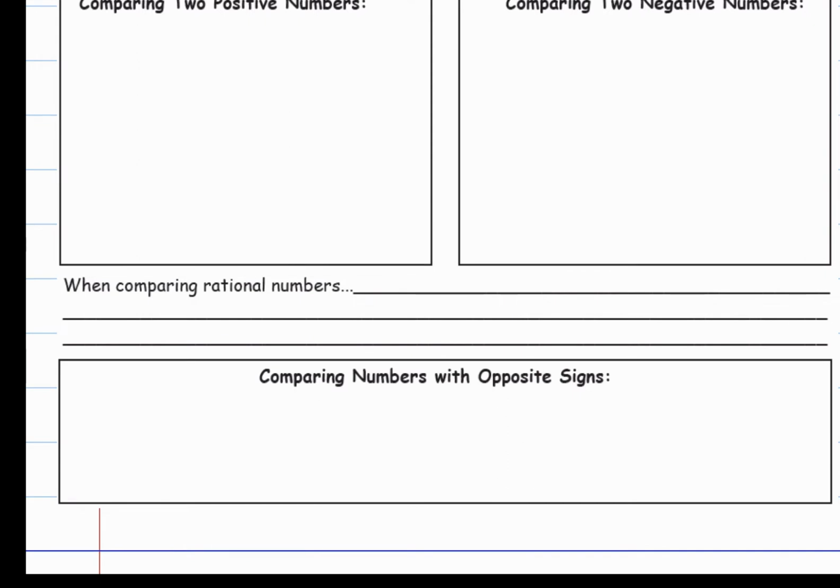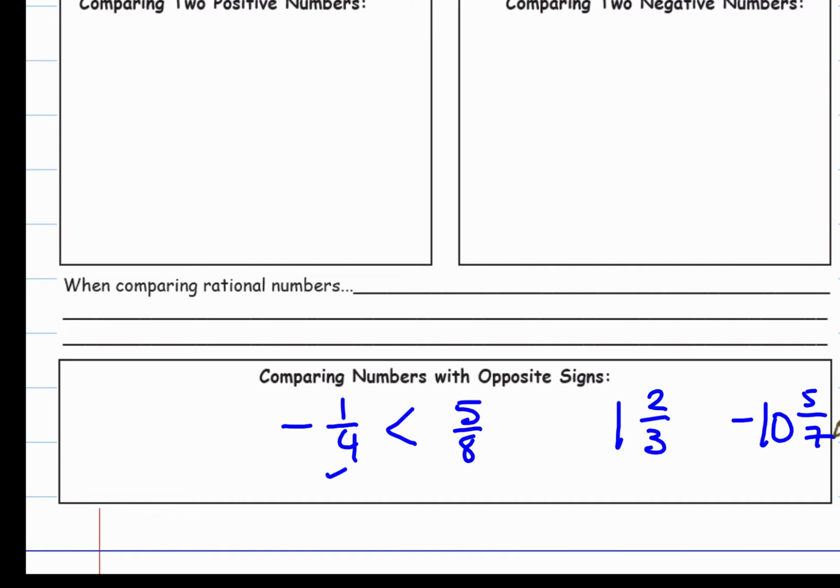And if we compared negative 1/4 to 5/8, I don't even need a common denominator to compare these fractions. Because this is negative, it has to be less than 5/8. Just like 1 and 2/3 versus negative 10 and 5/7, which one has to be greater? The positive one. So comparing negatives and positives is always a pretty easy job.